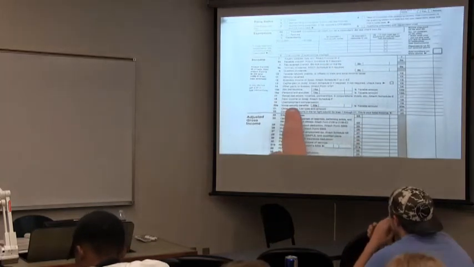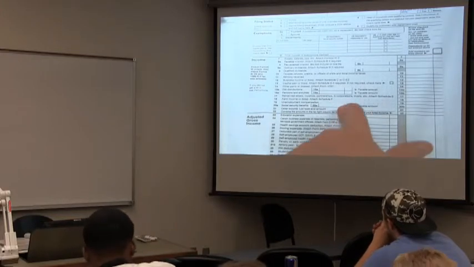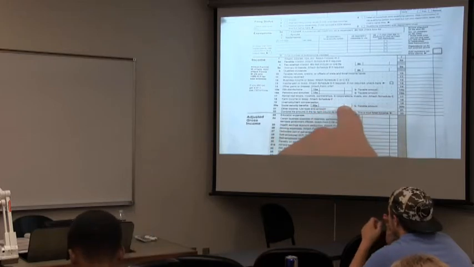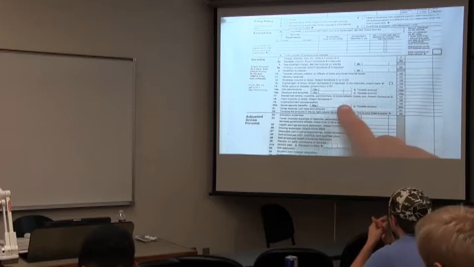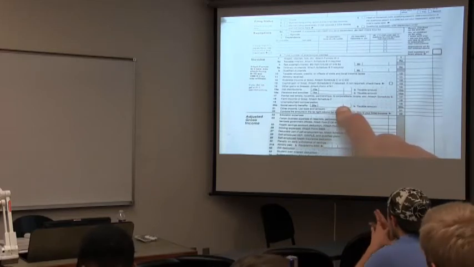Another exception is Social Security benefits. At least 15% of Social Security benefits is not going to be taxable, maybe 100%, depending upon the taxpayer. That's one of those exceptions where it does have to be reported on the form.